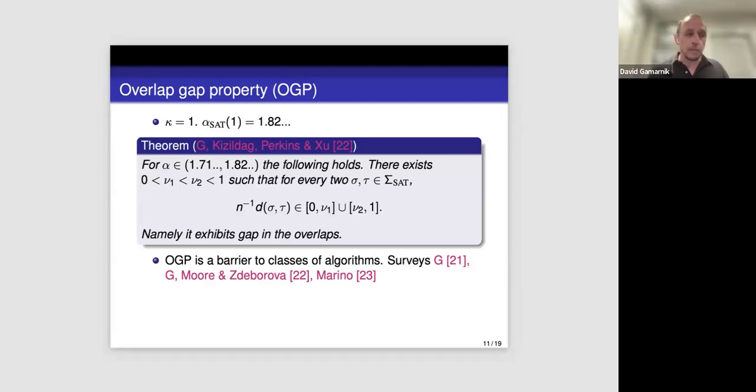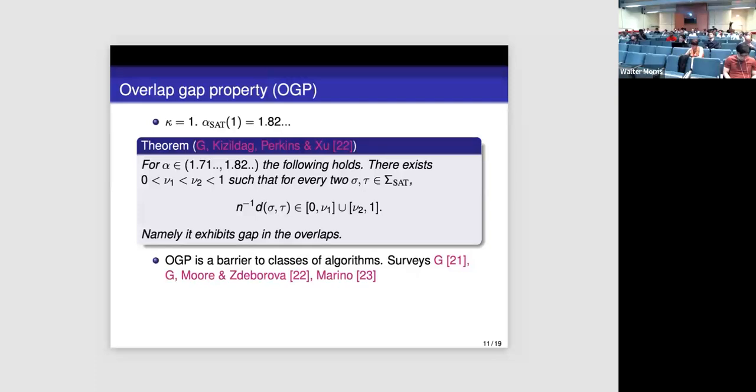This property is a provable barrier to some classes of algorithms, and there are several surveys now articulating this idea. So it is fairly compelling that the presence of this property is a true barrier to algorithms. Not all polynomial time algorithms, but at least to large classes of algorithms. Conjecturally, actually, to all polynomial time algorithms, but that would be harder to prove.